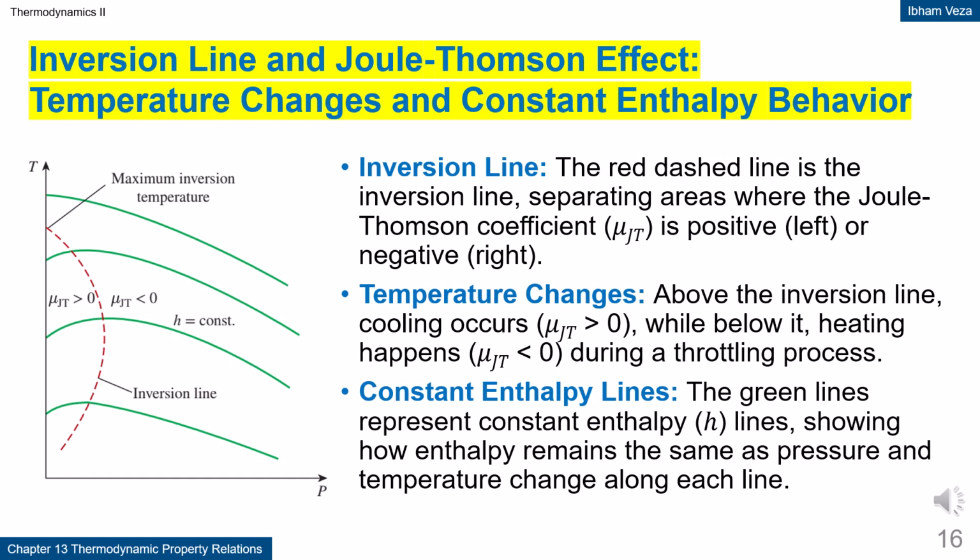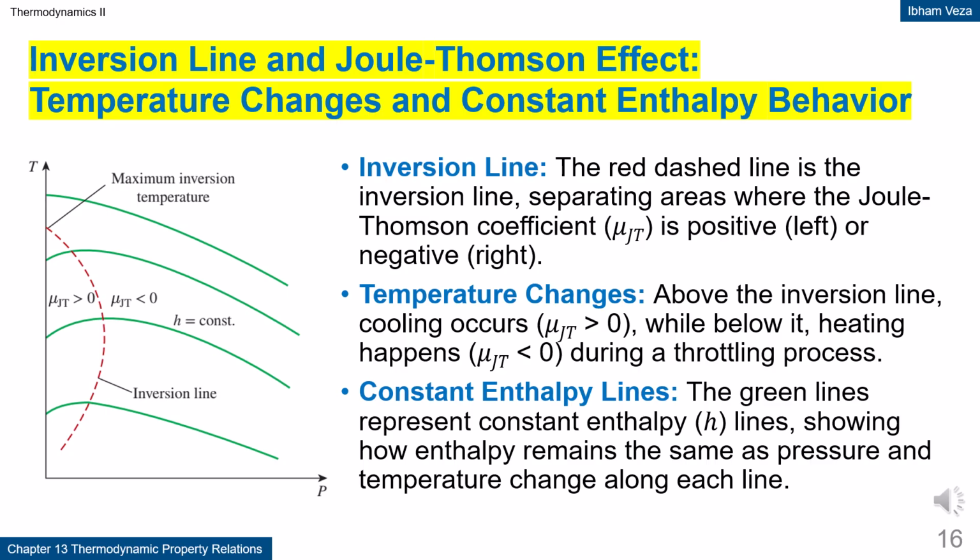Inversion line and Joule-Thomson effect. The inversion line separates regions where the Joule-Thomson coefficient is positive and negative. On one side of this line, throttling causes cooling, while on the other side it causes heating. Each substance has its own characteristic inversion curve. The constant enthalpy lines show the actual process paths.